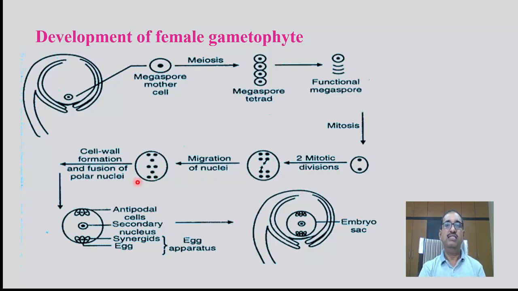Now the 3 cells present toward the micropylar end get organized into egg apparatus. The 3 cells toward the chalazal end form antipodals, and the 2 polar nuclei at the center form secondary nucleus. This structure is called embryo sac of angiosperm.